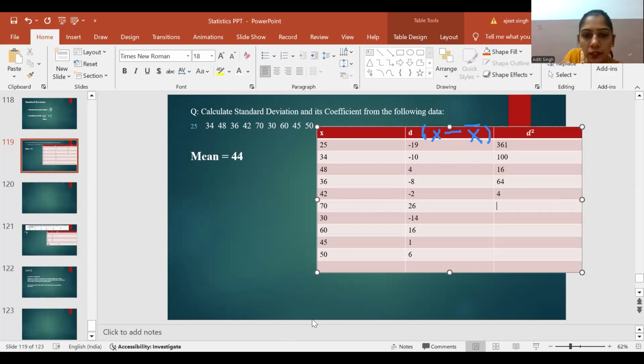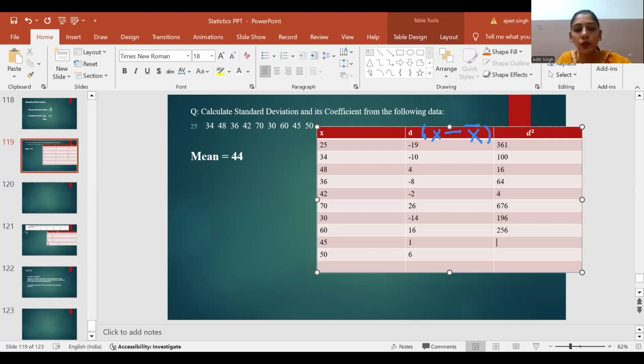Now 26 into 26, it will become 676. Now 14 into 14, it is 196. After that 16 into 16 is 256.